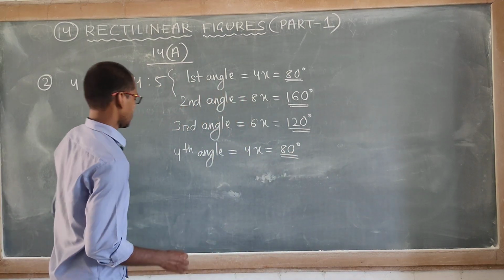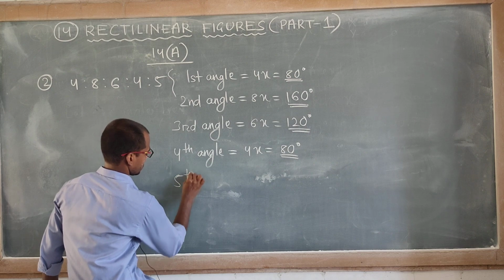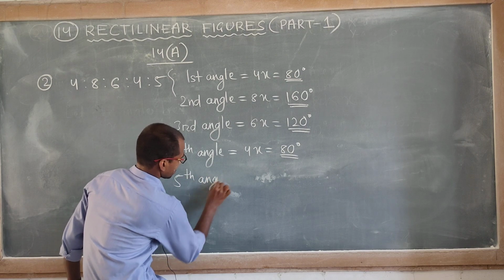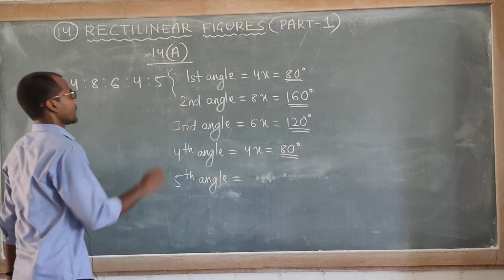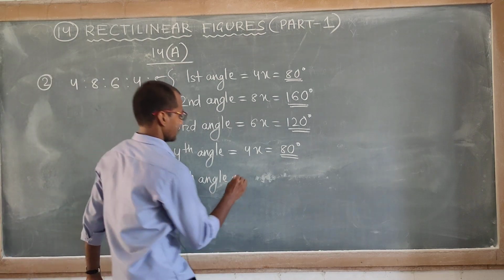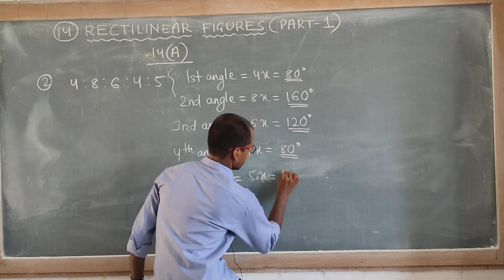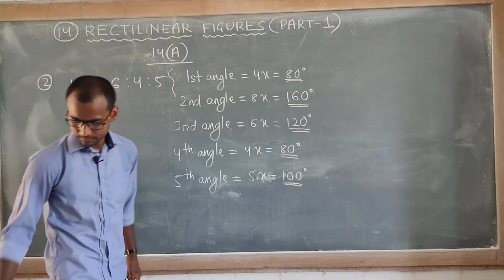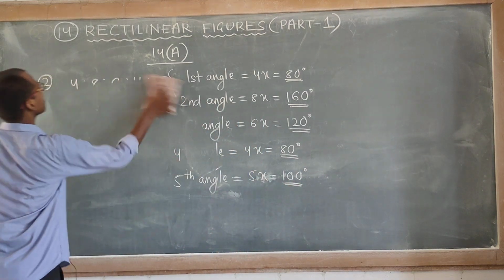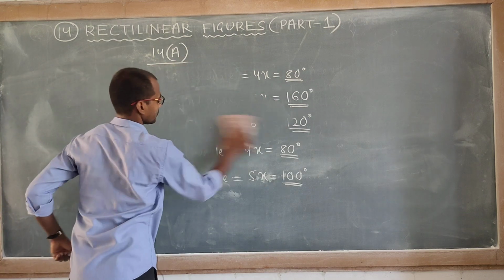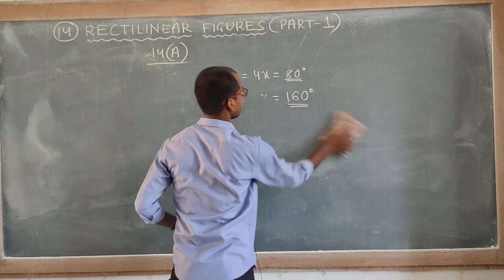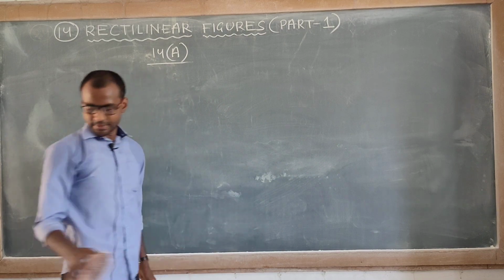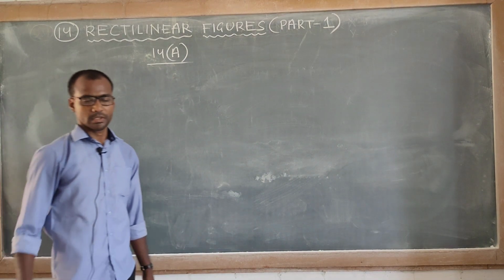Okay. Last angle, or the fifth angle, is 5x, 100 degree. Okay. This was one example, example number 2 or question number 2.